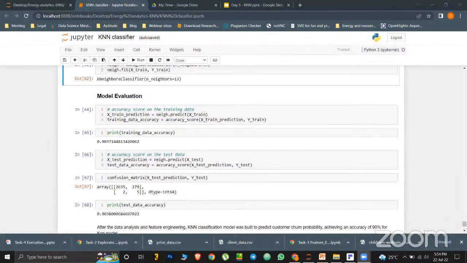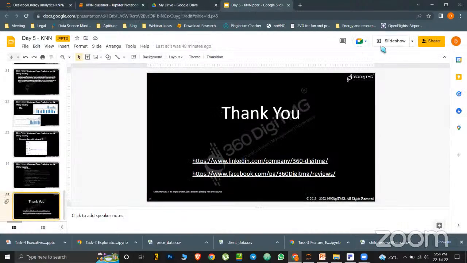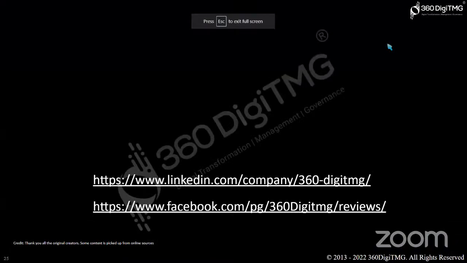let us talk about a few more use cases. In classification, we can also use this in energy analytics to evaluate energy consumption.